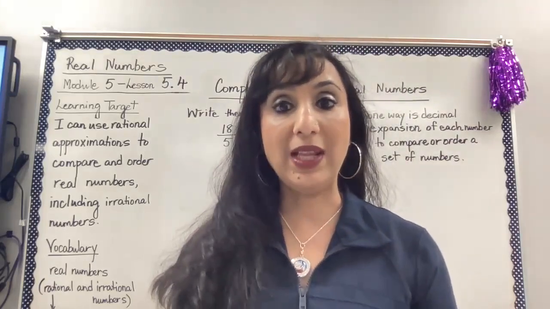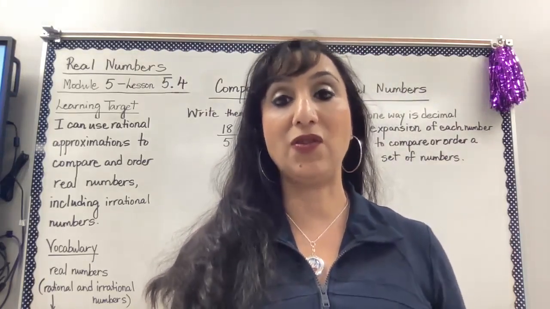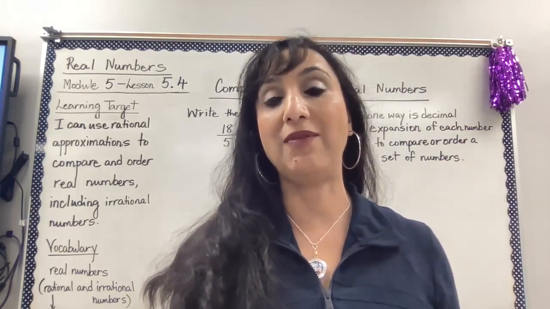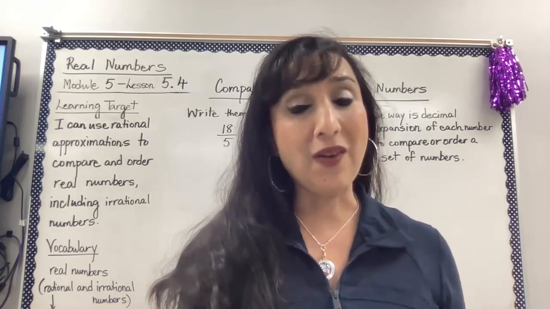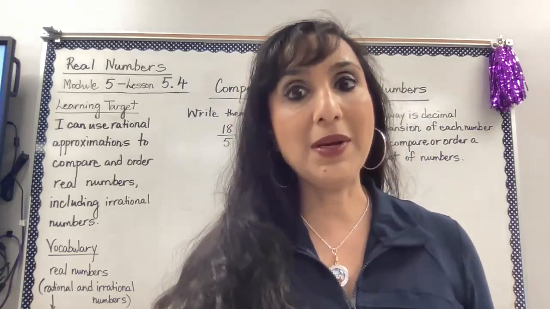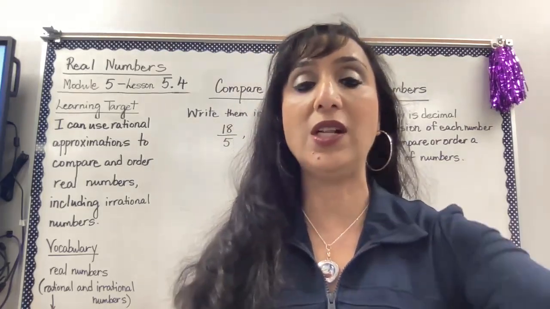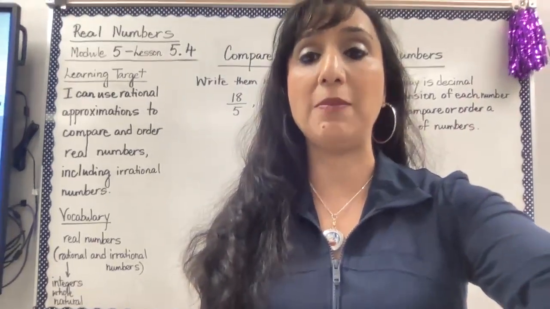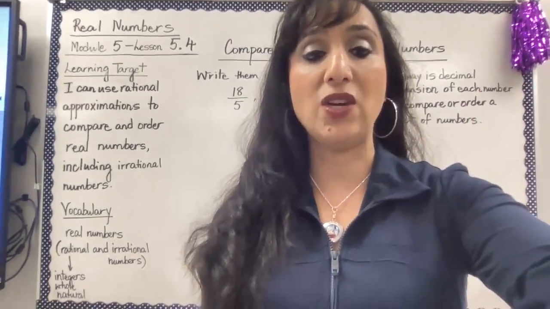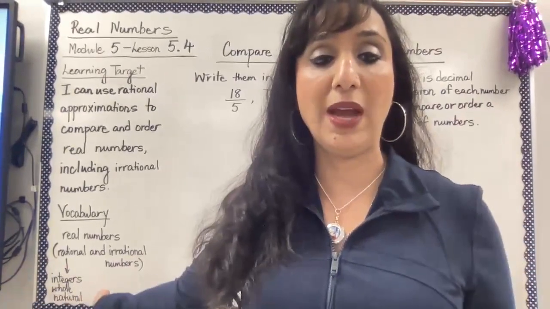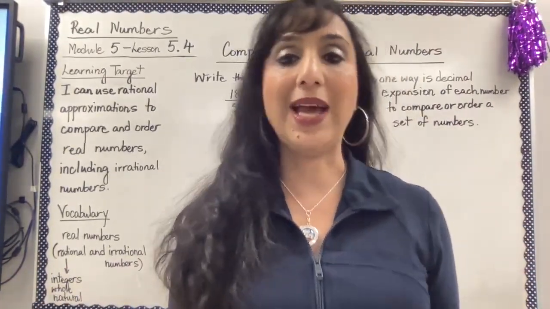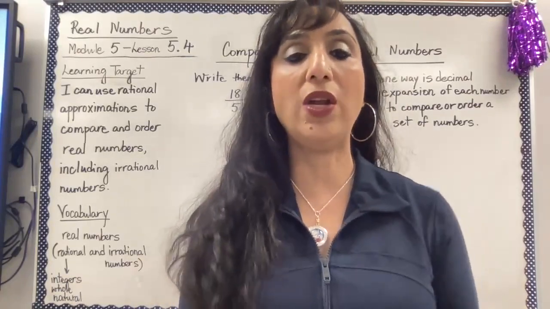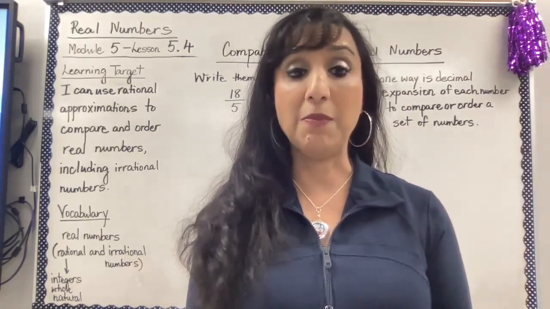The vocabulary that we are going to be using is real numbers, and we have already done this. So, a quick recap, what are real numbers? Real numbers are made up of your rational and your irrational numbers. Irrational numbers I've written over here under the vocabulary; integers, whole numbers, and natural numbers are all your rational numbers.